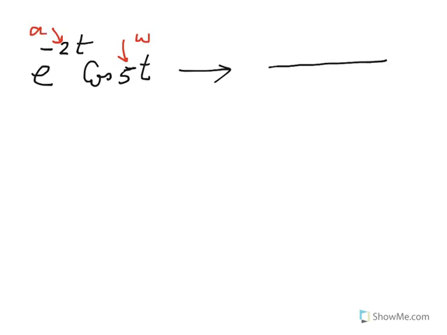So it would be s plus 2 divided by s plus 2 squared plus 5 squared, which is 25. Okay? These types of functions are important when we do inverse Laplace.